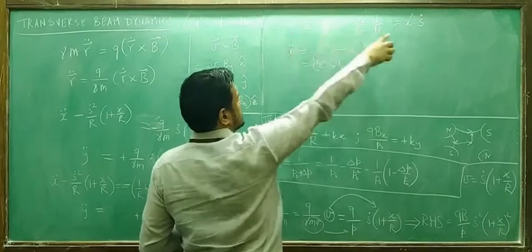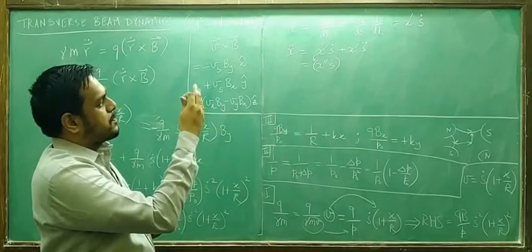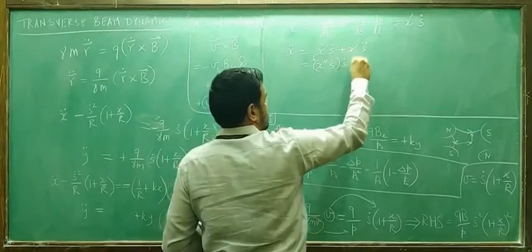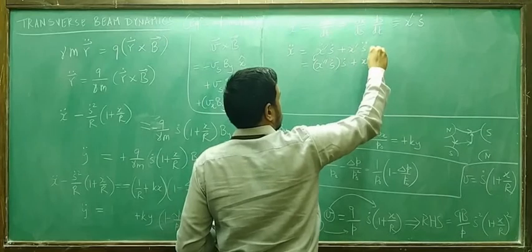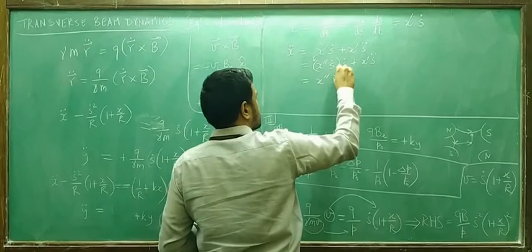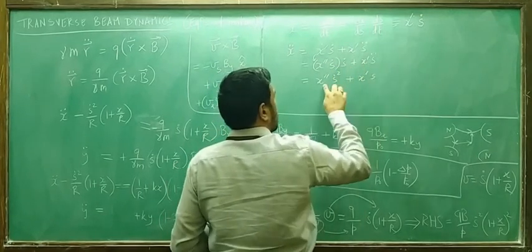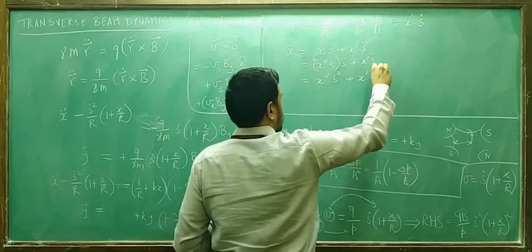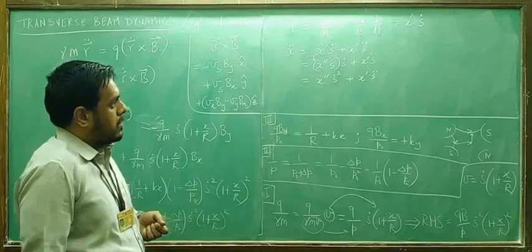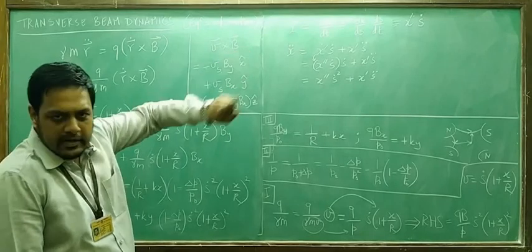See, x dot was x prime into s dot, so x prime dot will be x double prime into s dot. There was already this s dot outside, so this will become x double prime s dot square plus x prime s double dot. This is just an extension of chain rule, nothing more.